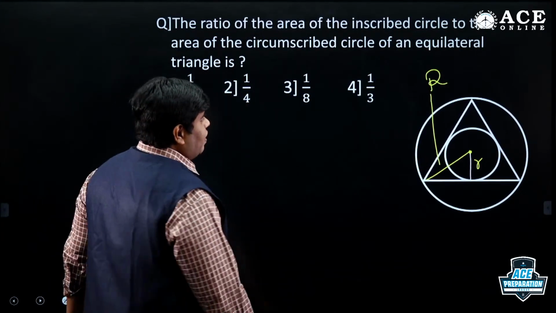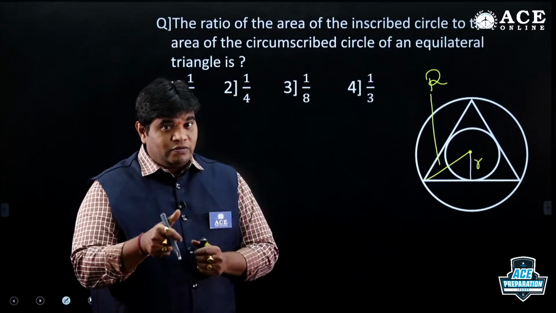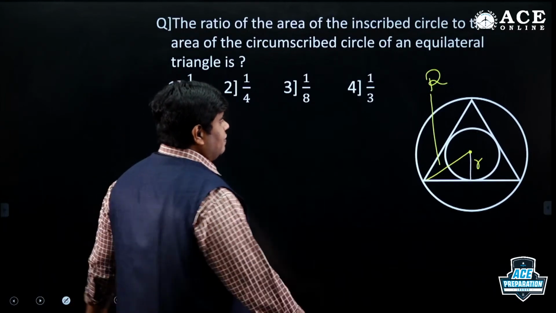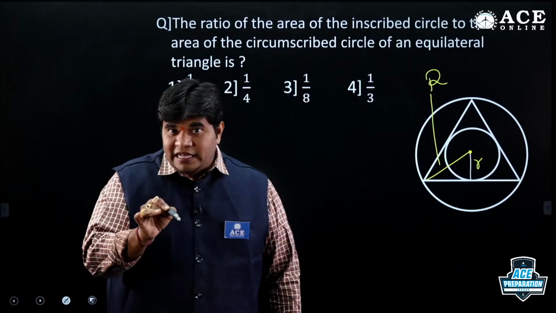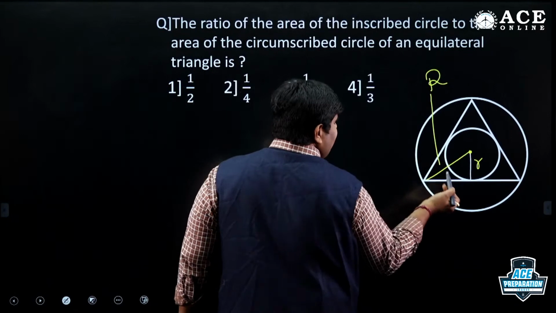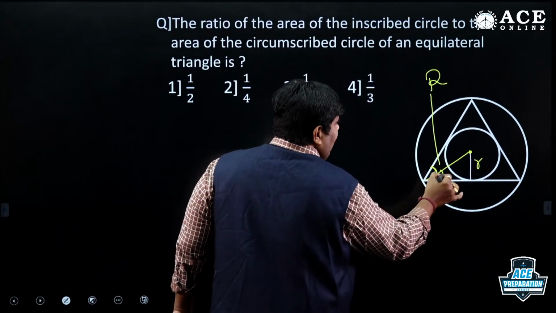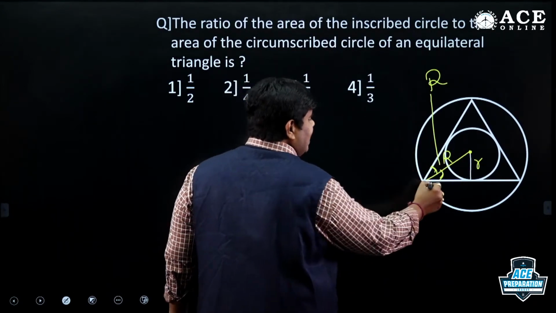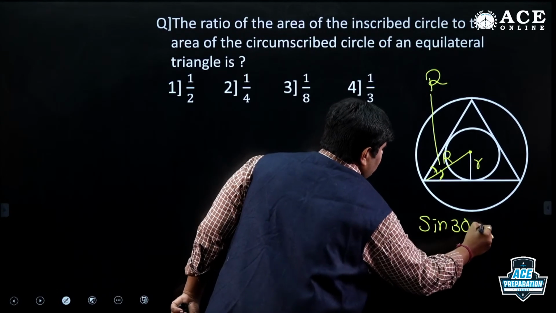So the small circle area is pi r square, but I need the capital R value. There are a number of methods; one of the shortest methods, observe here. This is an equilateral triangle. Equilateral triangle means all angles 60, 60, 60. This is exactly the angle bisector, so 30 and 30. I want the hypotenuse, the R value. That's why I can apply sin 30.